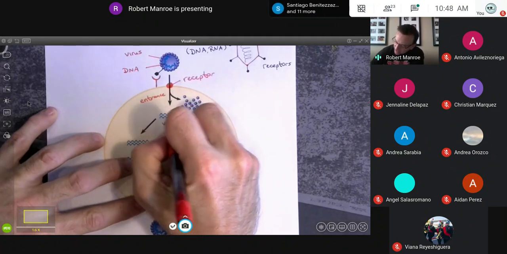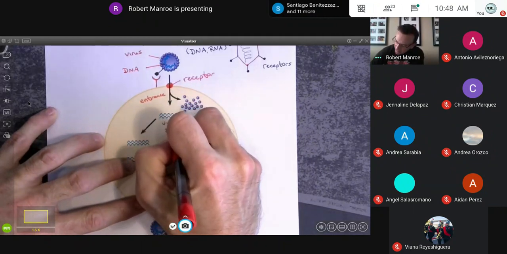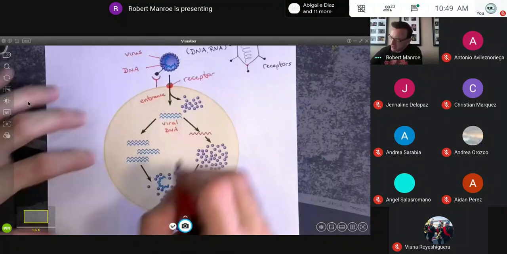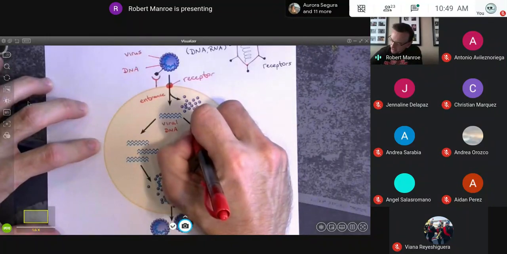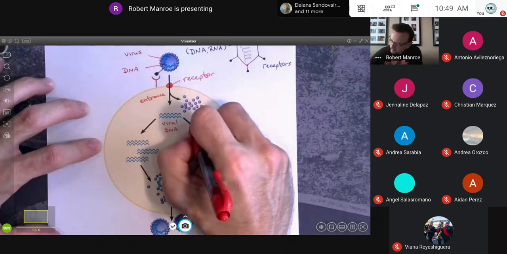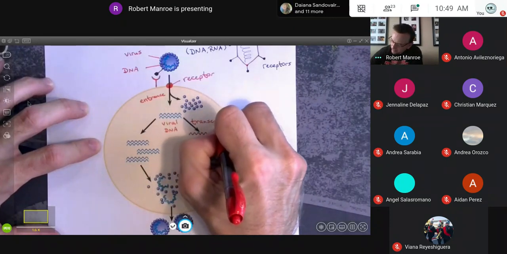And since this was a DNA virus, what is injected into the cell is viral DNA. And then two things happen. You get replication and transcription.